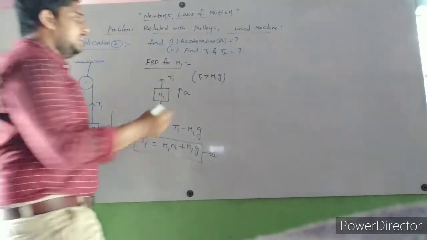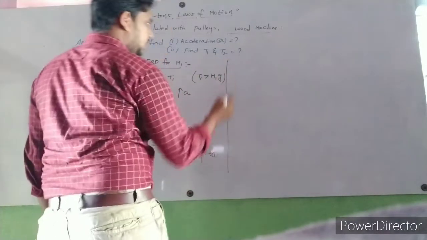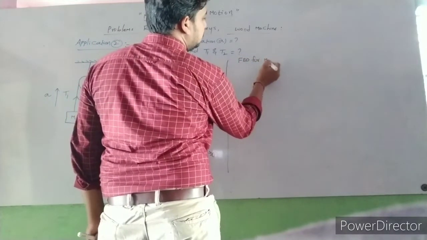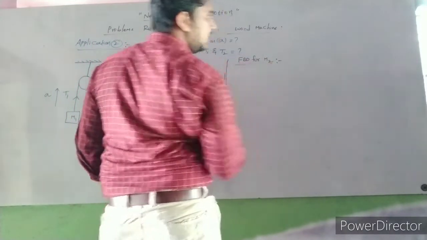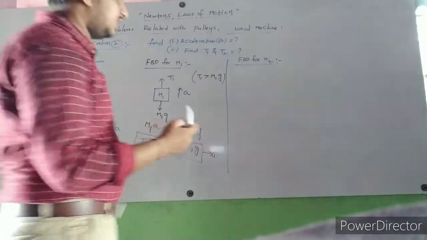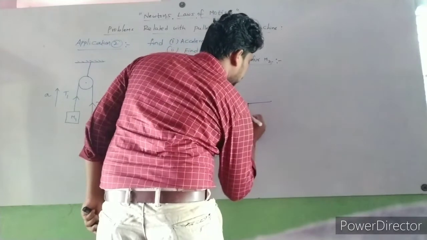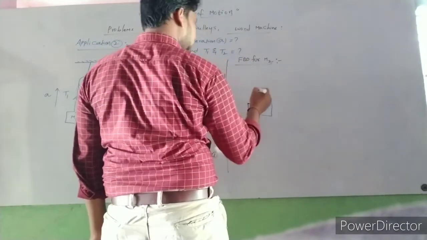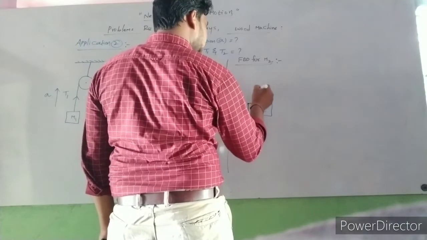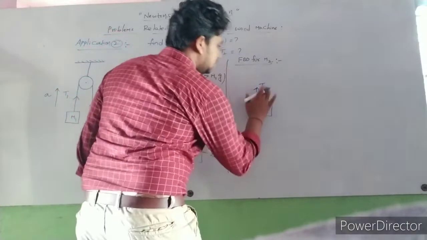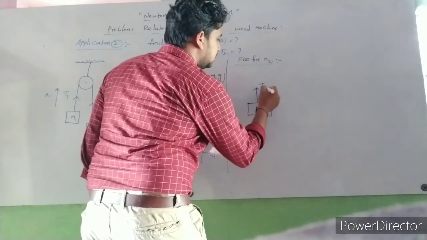Next, FBD for M2. Observe carefully. How to draw the FBD for M2? This is a block M2. Here the tension force T2 is acting like this, and one more, T1, is acting like this.